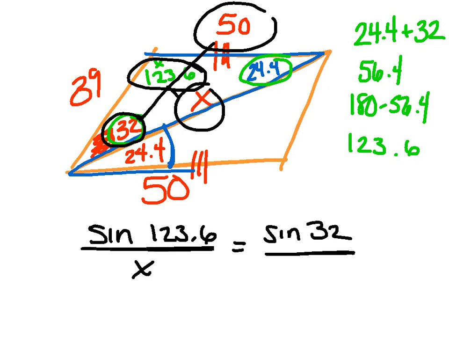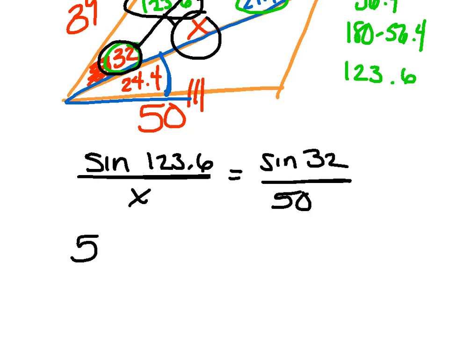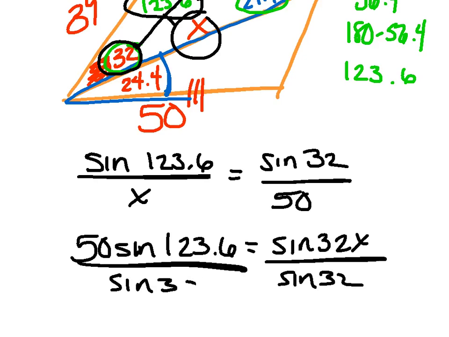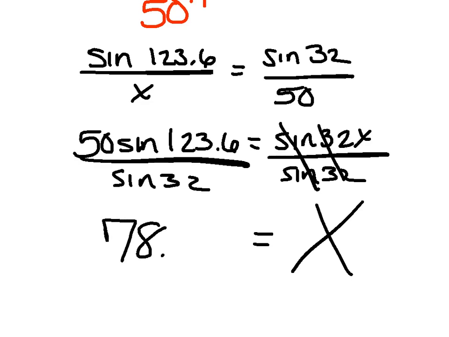Cross multiply, 50 sine of 123.6 equals the sine of 32 times x. Divide out my sine 32. Now notice this time, I don't have to do any inverse because I already have x by itself. I just get x equals 78.589, and to the nearest whole number, or nearest pound, that gets me 79 pounds.